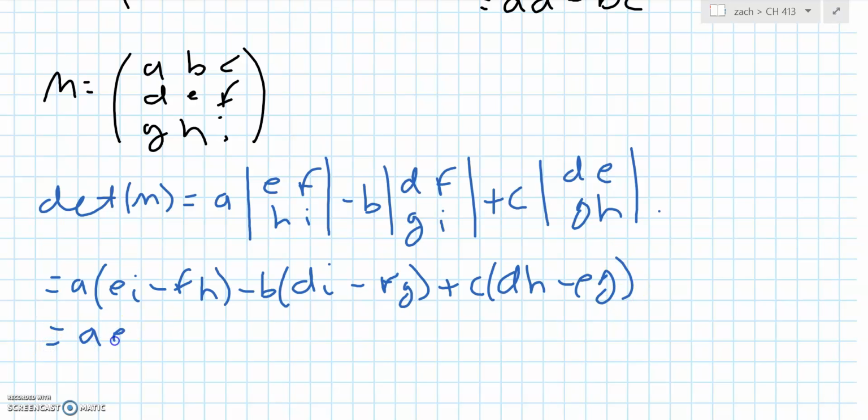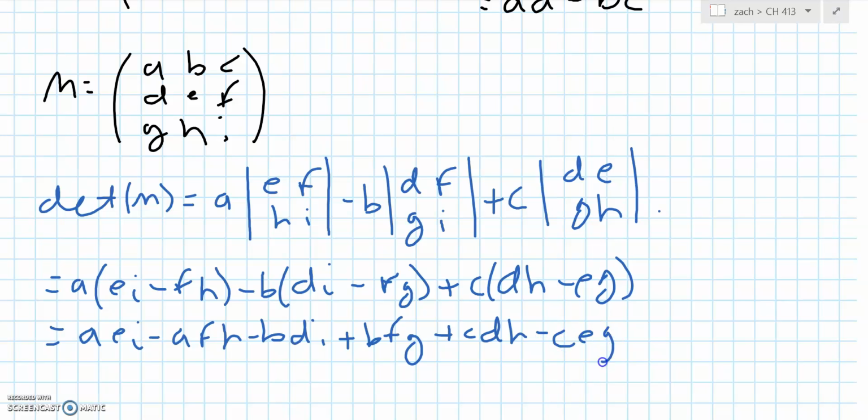So we have AEI minus AFH minus BDI plus BFG plus CDH minus CEG. So that's what the determinant of a 3x3 matrix is. And as you can see, this process becomes a little more difficult for larger matrices.